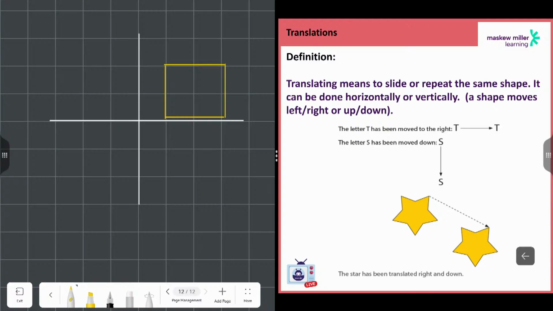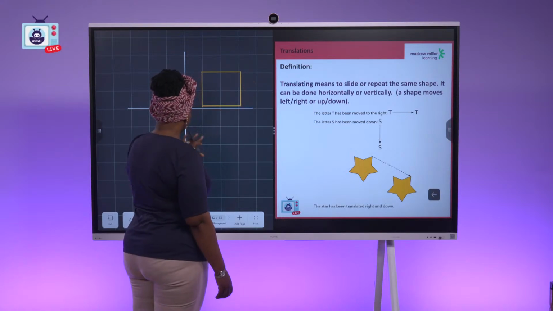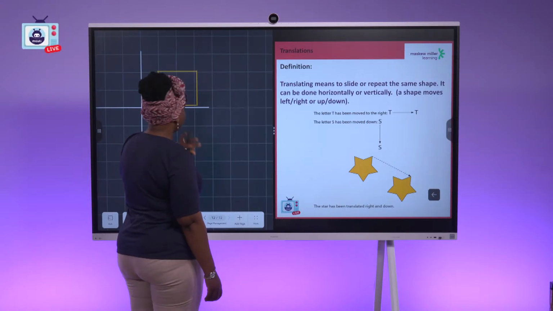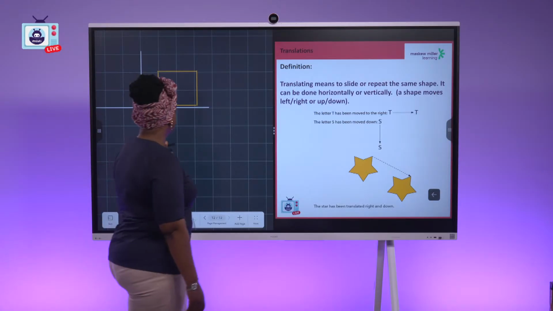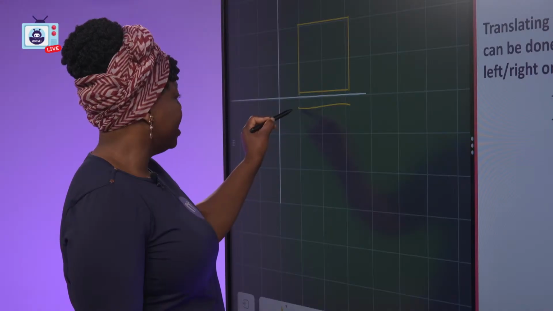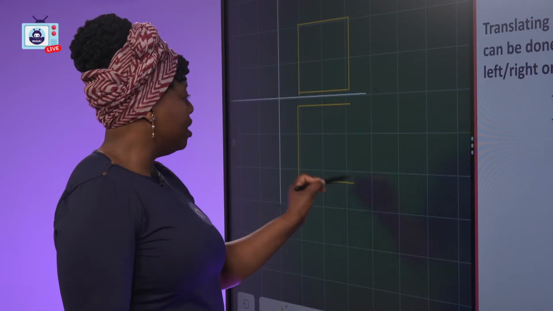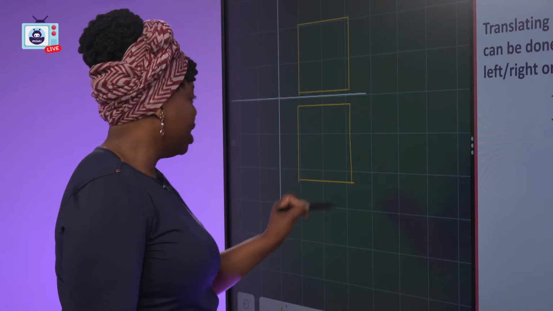If I have that square there, and this square happened to move from here to somewhere else, it doesn't have to go down or up, or it doesn't have to go sideways or down, but remember we're saying that if it comes here, then some sort of translation has happened, right?